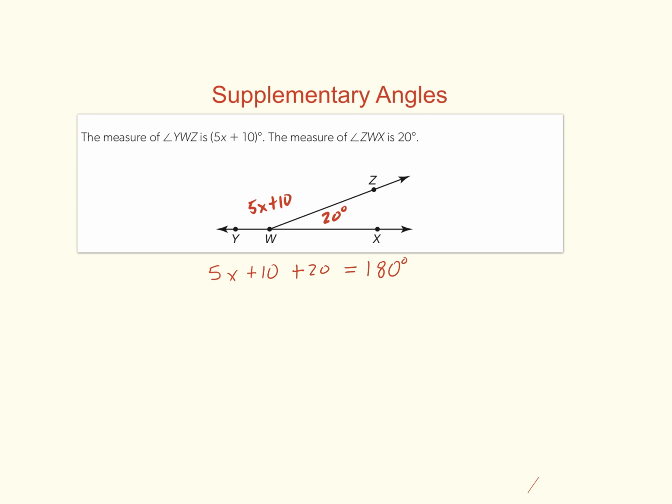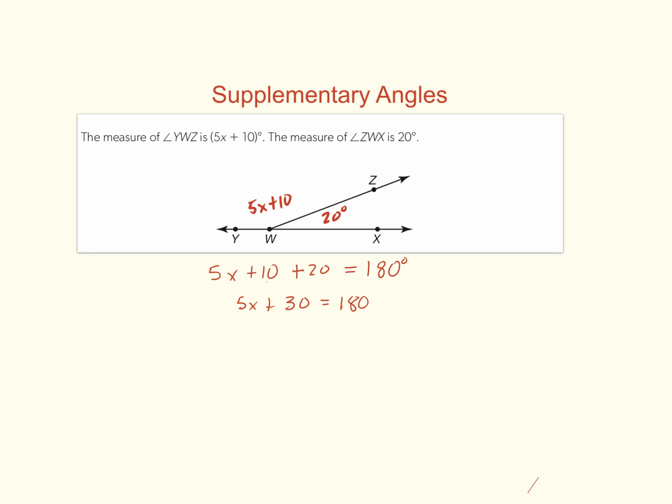Now we need to combine like terms. We have a constant and a variable. So we are going to combine the constants. So 5x plus 10 plus 20, that is going to be 5x plus 30, equals 180.